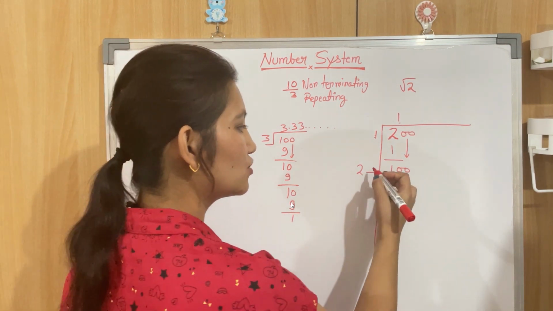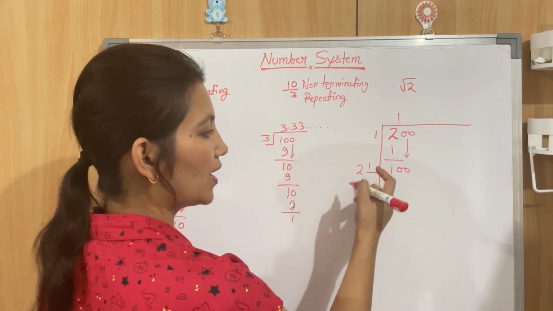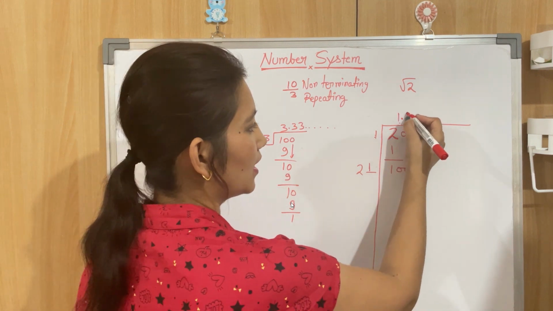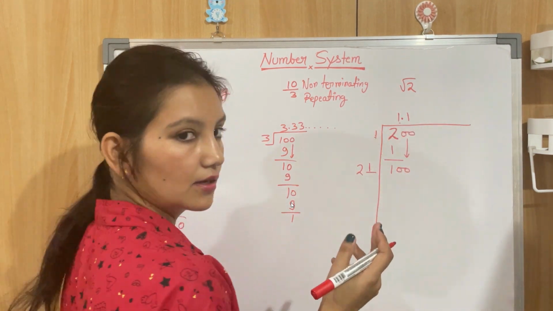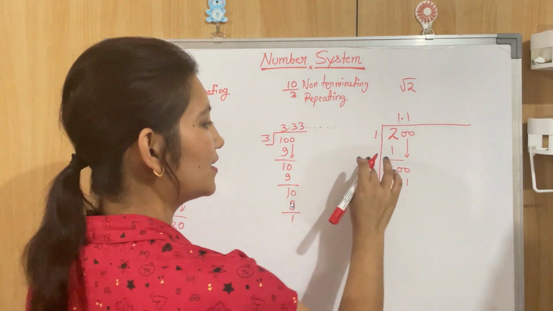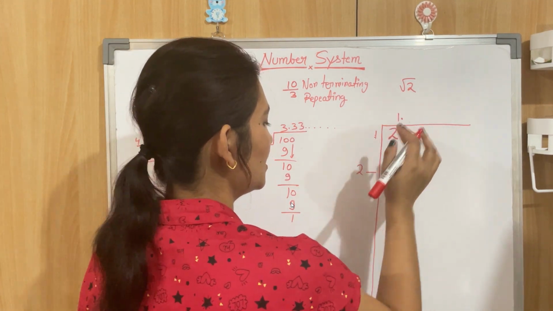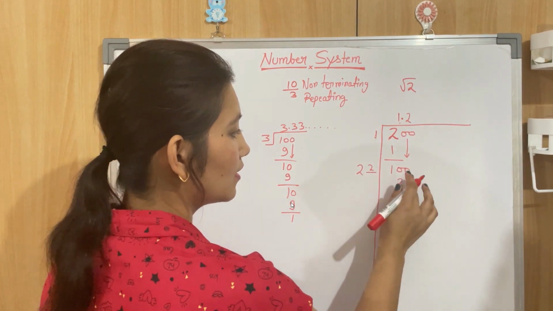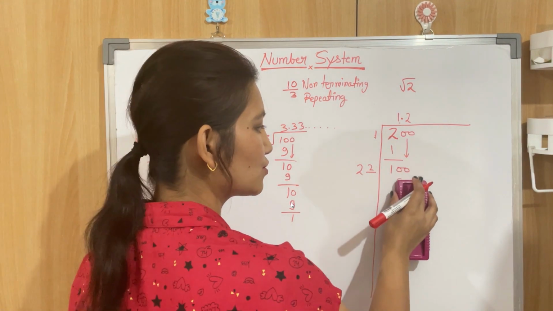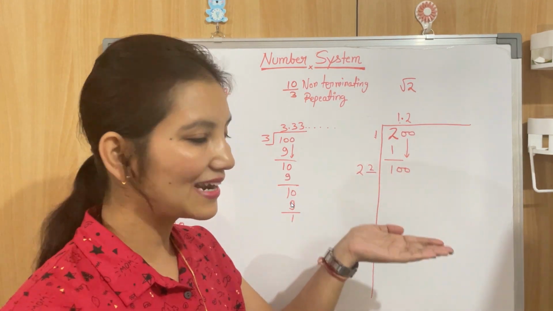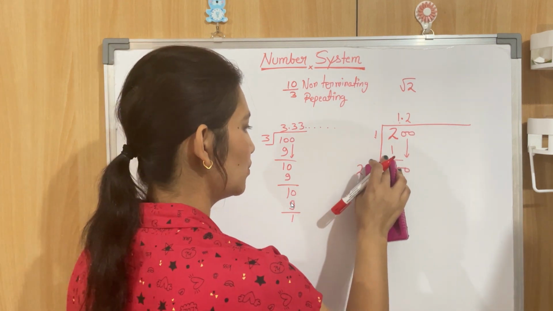Let's say if I take 1 here, so 21. 21 times 1 is 21, which is way too less than 100. So we cannot take 1. If I take 2, what does it become? 22 times 2 is 44, and 44 is also less than 100. There is scope for some greater number. So what will fit here?